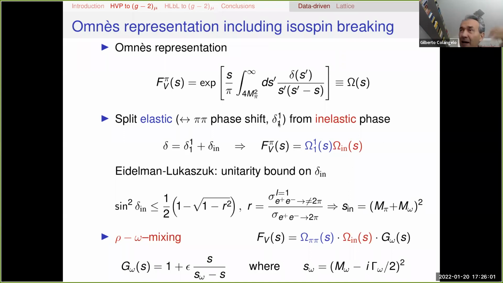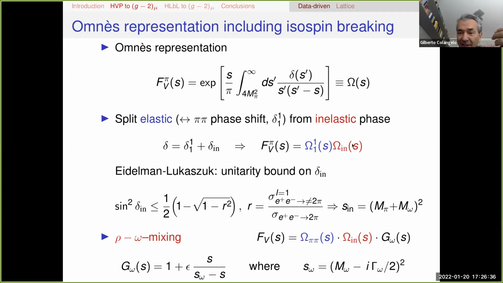But then above the inelastic threshold, you have other contributions. And so you can split this total phase into the elastic pi-pi phase plus an inelastic contribution. And since you have a sum here of 2 contributions, the integral is a linear operation. So you have the sum of 2 integrals, and the exponential of the sum of 2 objects gives you the product of 2 objects. So the product of 2 Omnes functions, one containing only the pi-pi phase and the other one the inelastic phase.